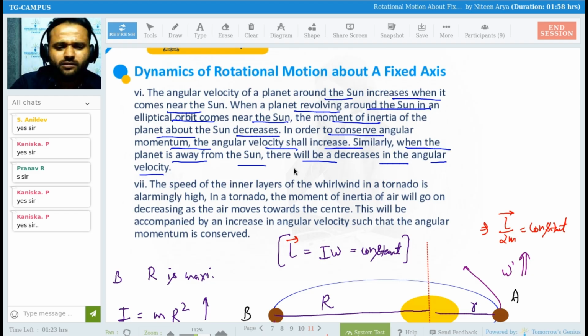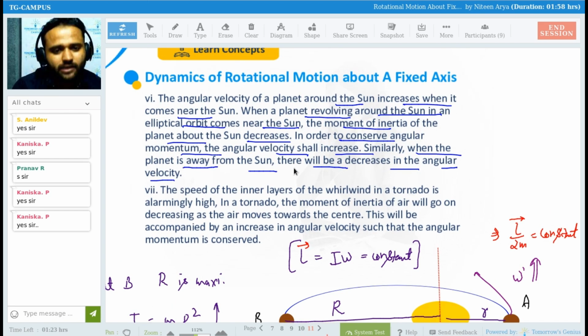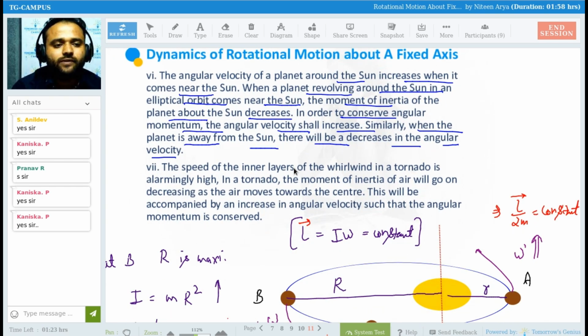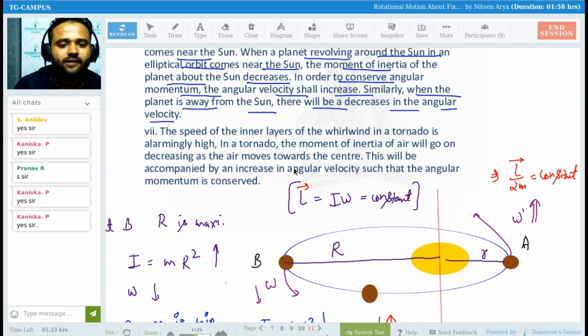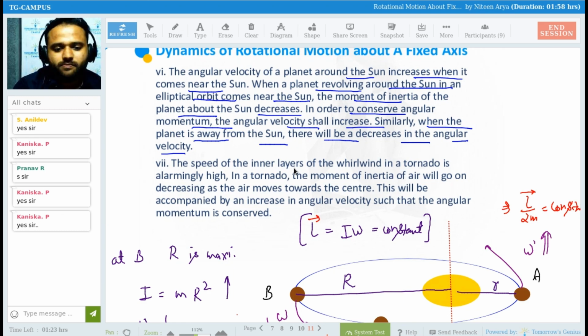Basically in western countries, specifically in Florida or in the USA, in New Zealand also, you can usually see tornadoes at least once or twice a year. Clear? Because they are very near to the sea, and they are in the west part of the earth.